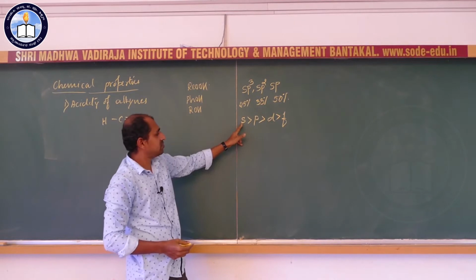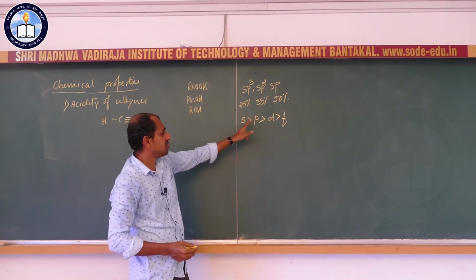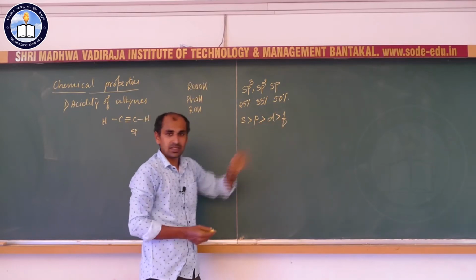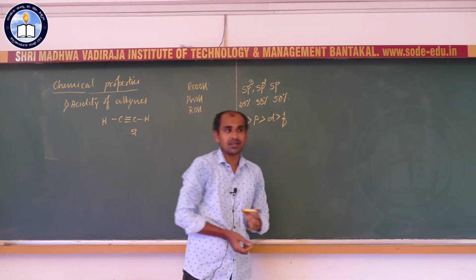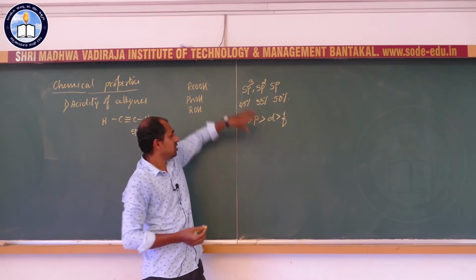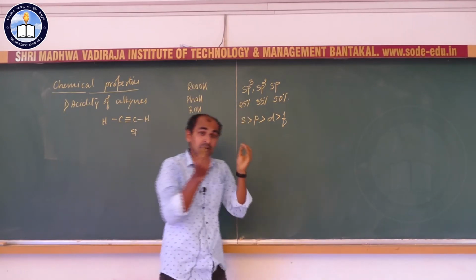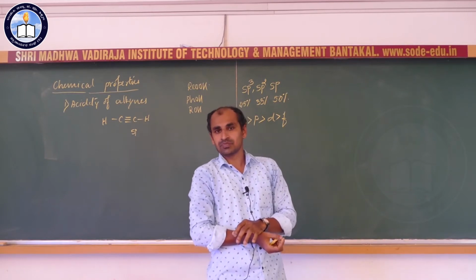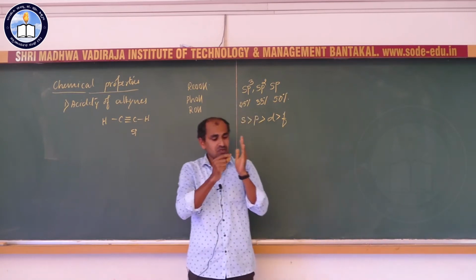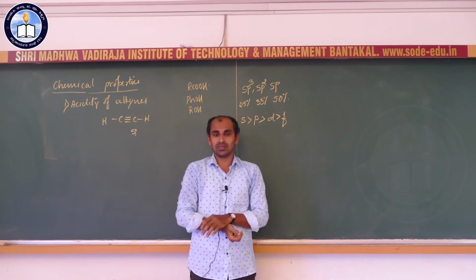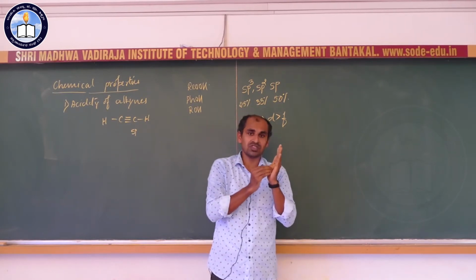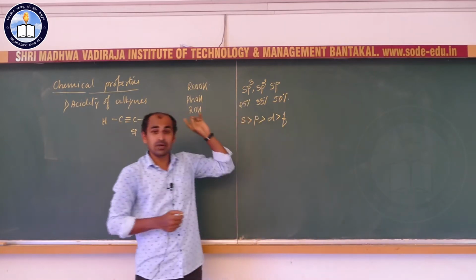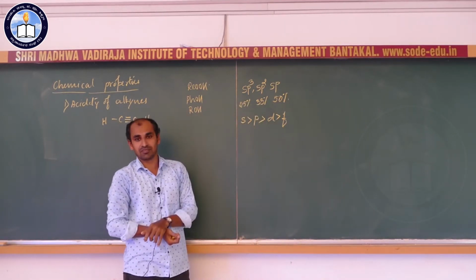S orbital has maximum penetration power towards the nucleus, then comes p, then comes d, and least penetration power is for f orbital. So, s orbital has maximum penetration towards the nucleus. What it means? S orbital is closer to the nucleus. If s orbital is closer to the nucleus, the electron present in s orbital will be closer to the nucleus.